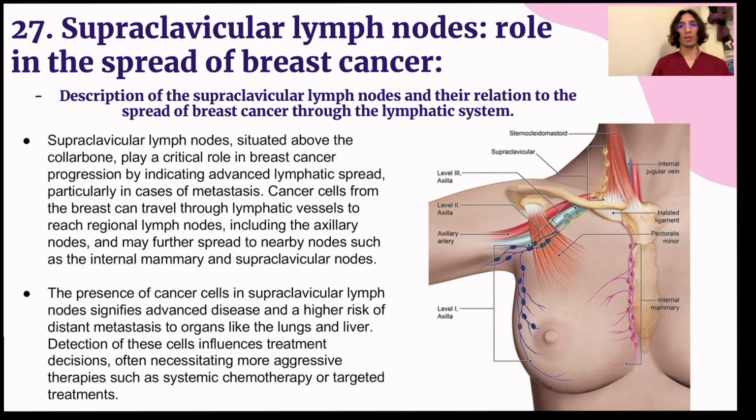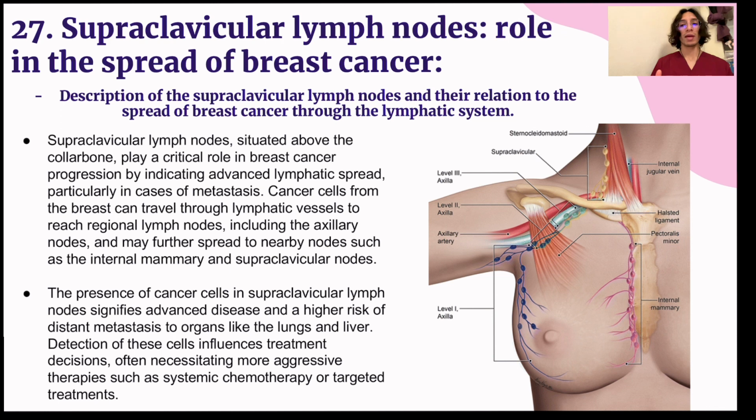Supraclavicular lymph nodes: role in the spread of breast cancer. Supraclavicular lymph nodes, situated above the collarbone, play a critical role in breast cancer progression by indicating advanced lymphatic spread. Particularly in cases of metastasis, cancer cells from the breast can travel through lymphatic vessels to reach regional lymph nodes, including the axillary nodes, and may further spread to nearby nodes such as the internal mammary and supraclavicular nodes.